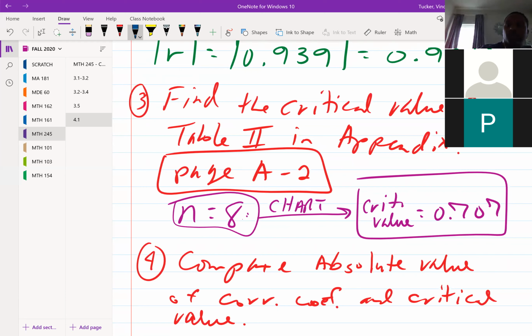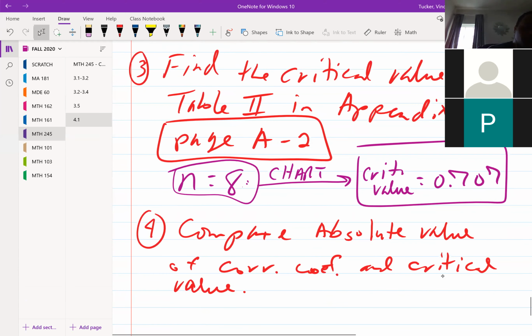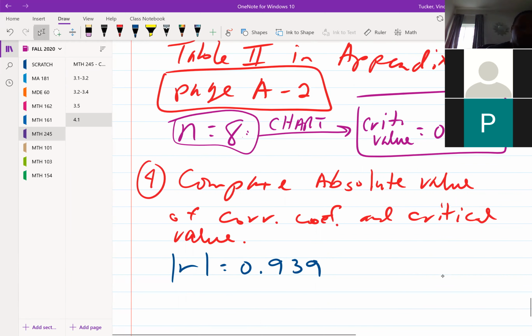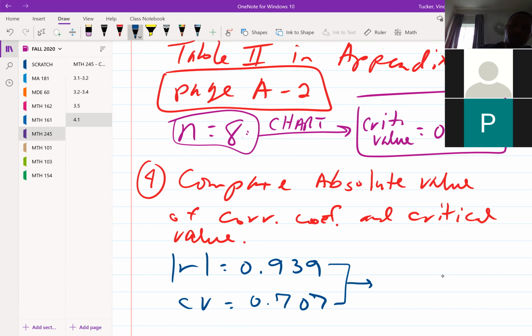So we know the absolute value of the correlation coefficient is 0.939. Our critical value is 0.707. When we look at the relationship, the absolute value of the correlation coefficient is greater than the critical value.